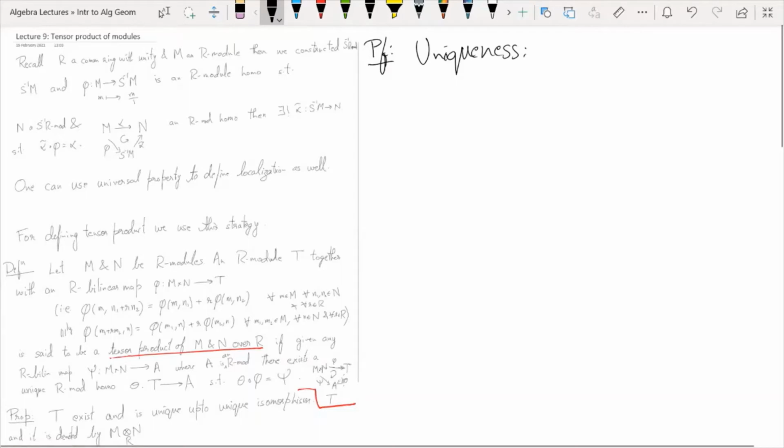The same technique you can use for tensor products and for localization as well, if you use a universal property to define them.